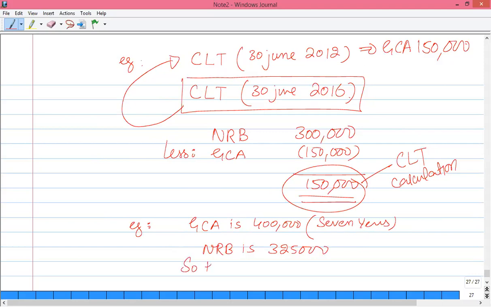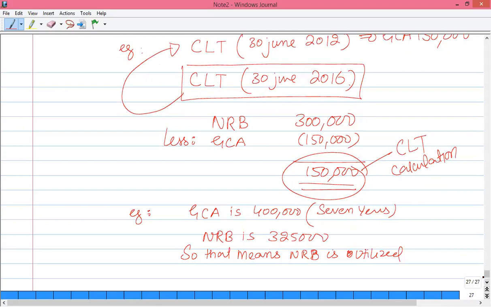That means the NRB is completely utilized, so in our calculation the NRB becomes 0. The 7-year accumulation rule is very important. Always consider it when you calculate inheritance tax on a lifetime transfer, that is, a CLT.